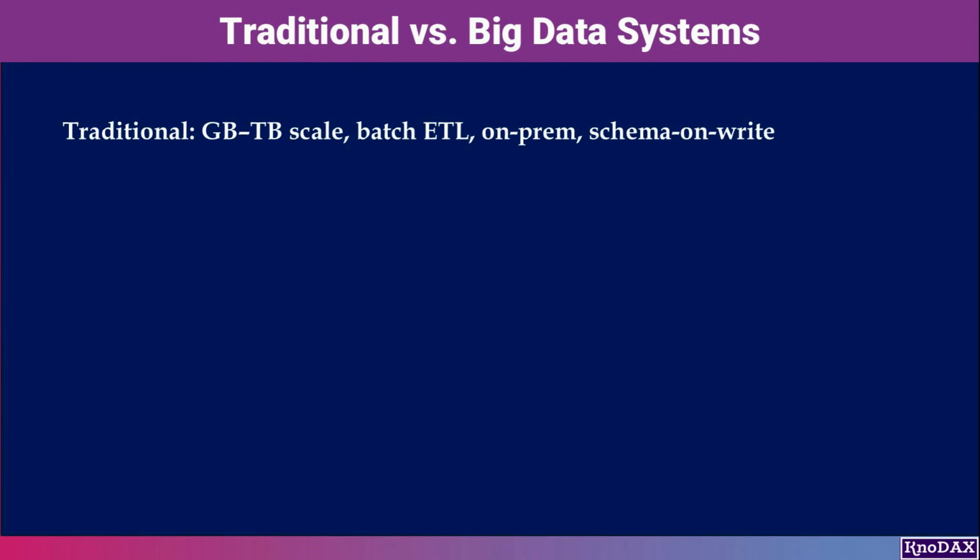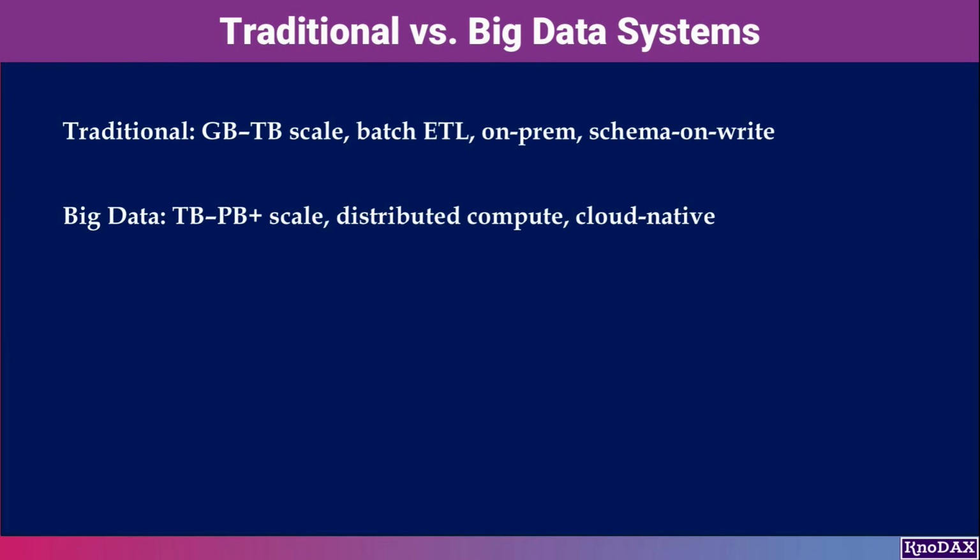Traditional environments typically operate at gigabyte to terabyte scale, rely heavily on batch ETL, run on on-premises hardware, and follow schema on-write models that require data to fit rigid structures before it can be stored. Big data systems, by comparison, are designed for terabyte to petabyte plus size and make distributed compute the default. They embrace cloud-native architectures that can grow or shrink as workloads change.